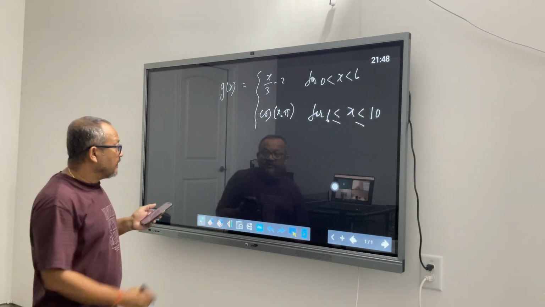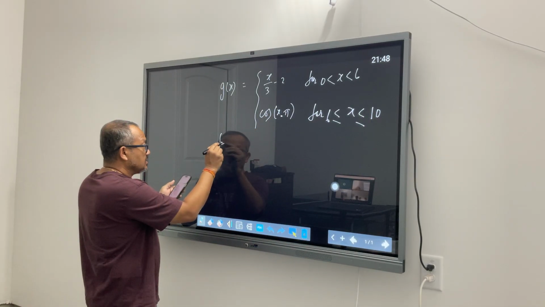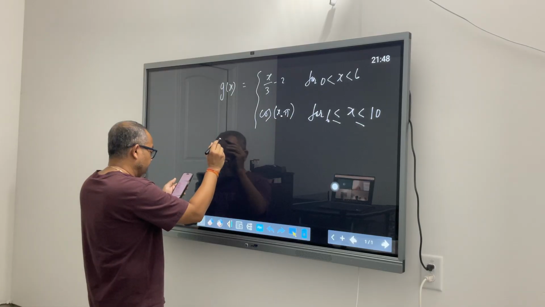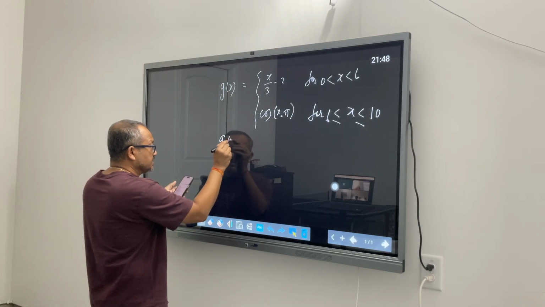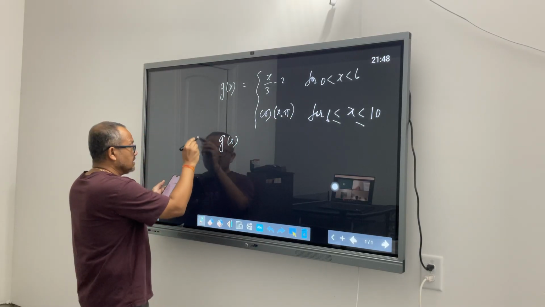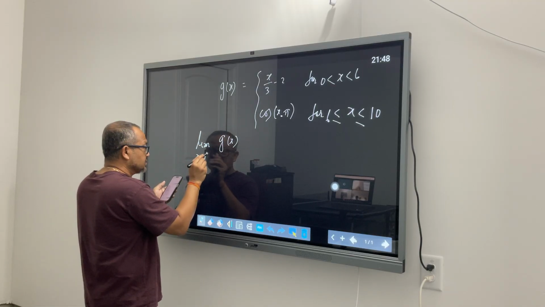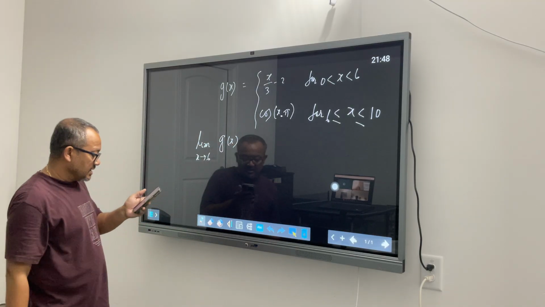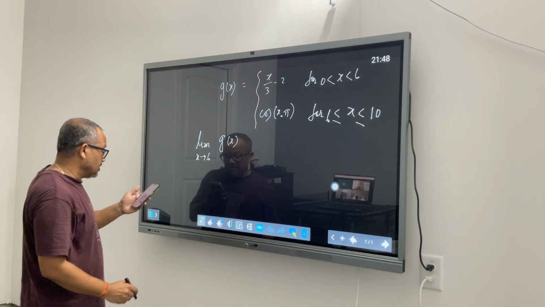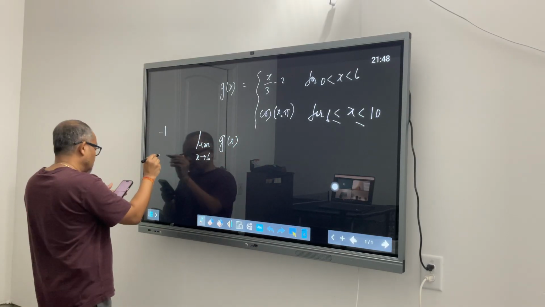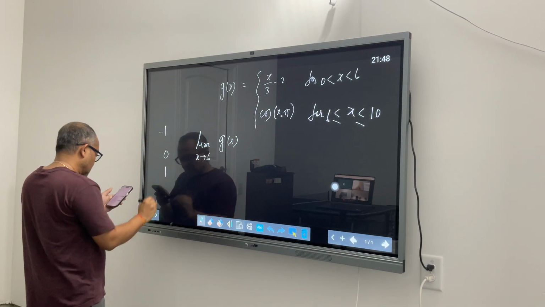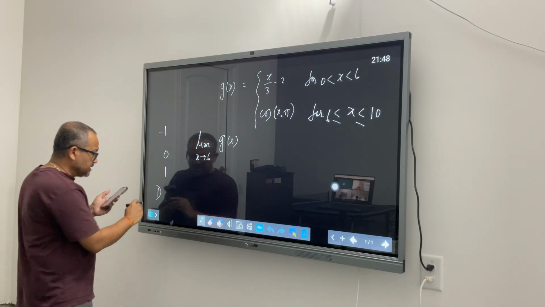Okay, find the limit of g of x as x approaches 6. The options you have are -1, 0, 1, and d as in does not exist.